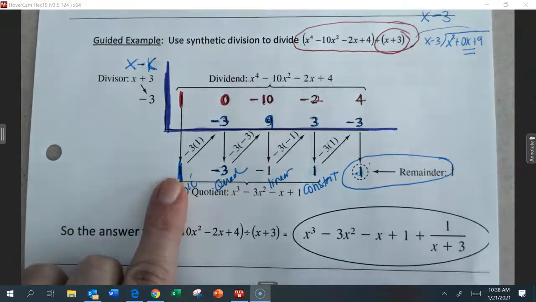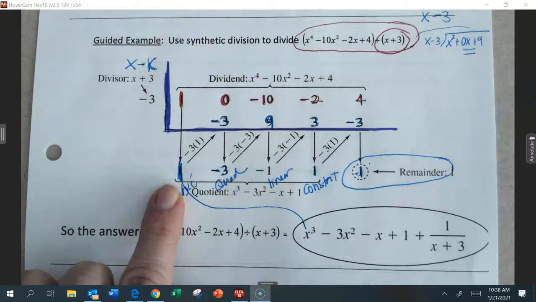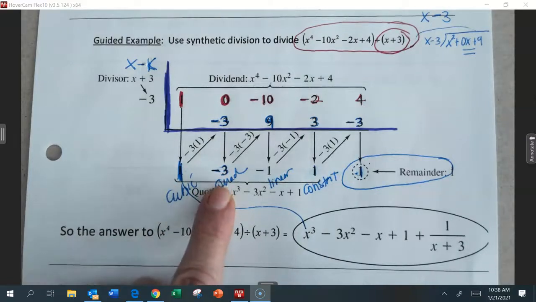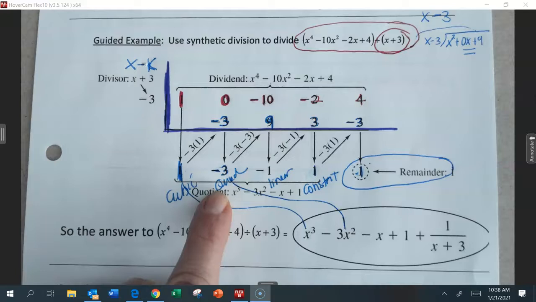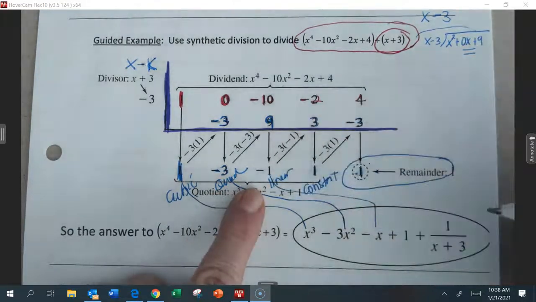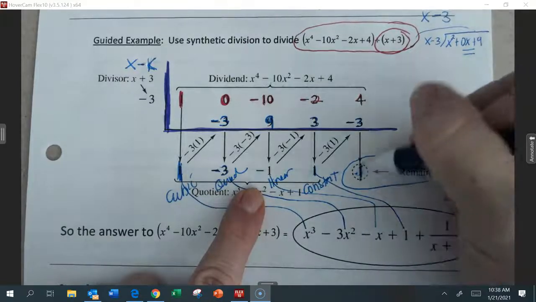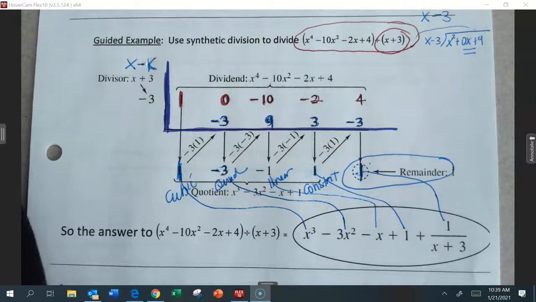It said 1, so that correlates with 1x to the 3rd. These are coefficients. The next term would be quadratic. That correlated with minus 3x squared. Minus 1x plus 1 is your constant. And then see this remainder of 1 right here? It went over the divisor as normal.